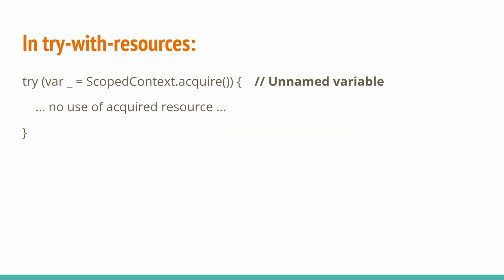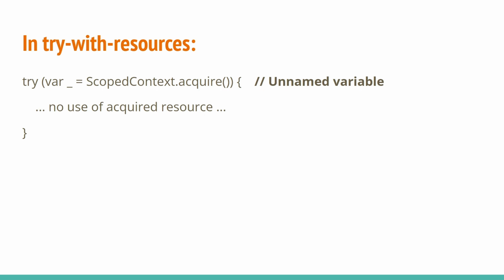If you are aware of try with resources, that is, resources with the AutoCloseable interface, you can even use an unnamed variable inside this try with resources block. Most of the time we don't need this AutoCloseable instance once we initialize it.